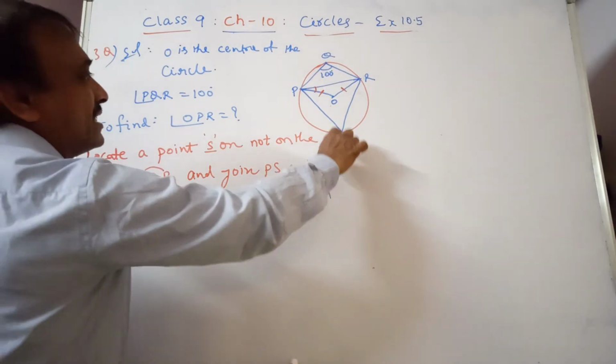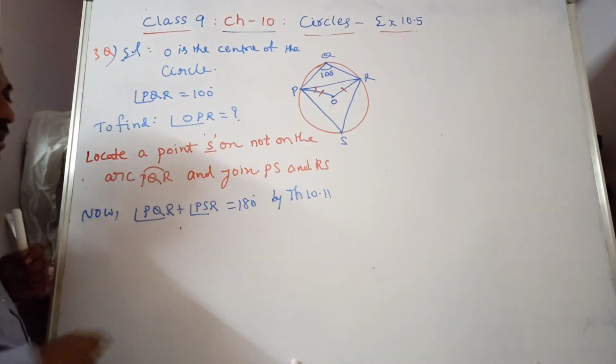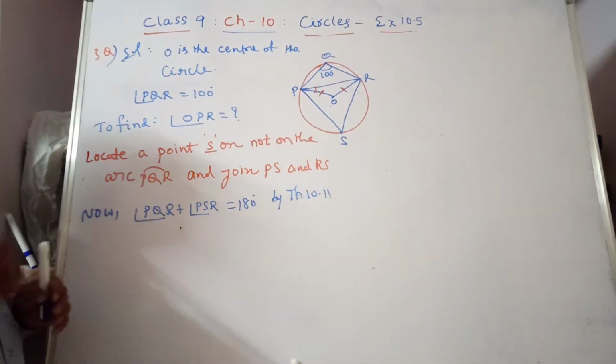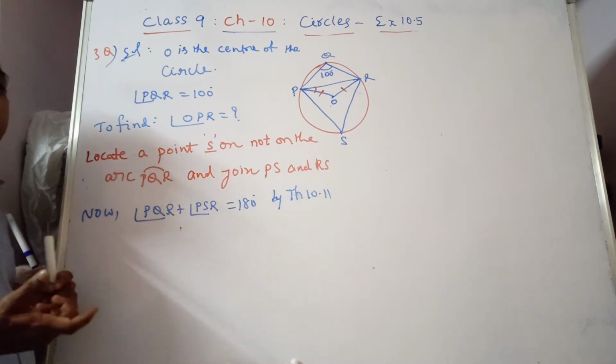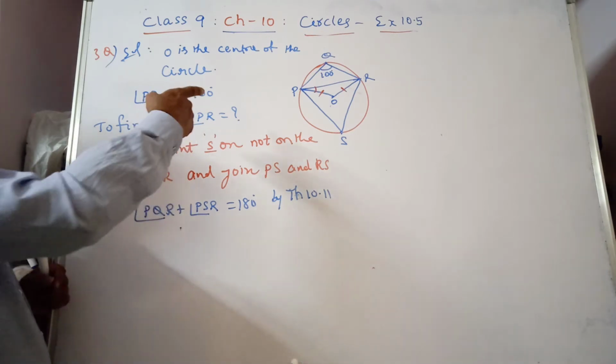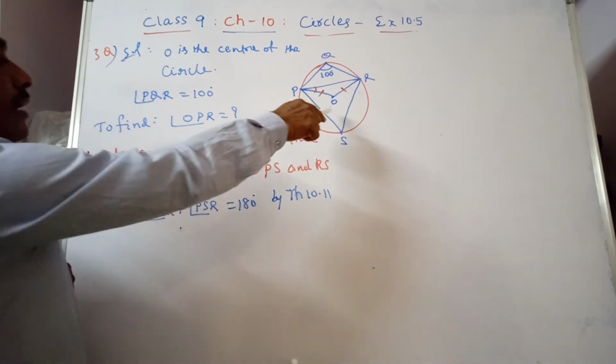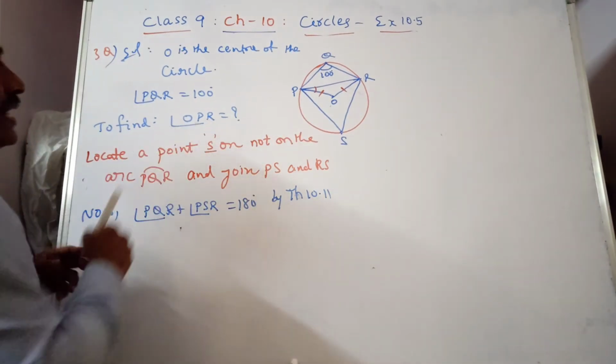So PQRS is a quadrilateral, 180 degrees. Or you can use the other concept which I just told you, the reflex angle concept, to find out the given measure. We have to find out angle OPR.